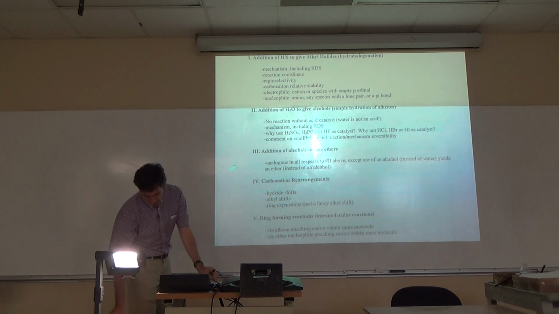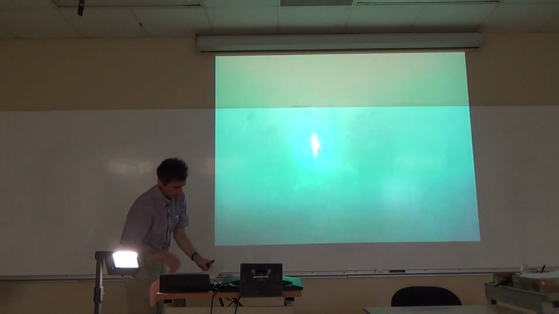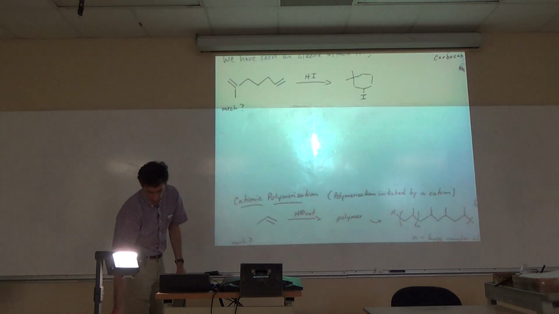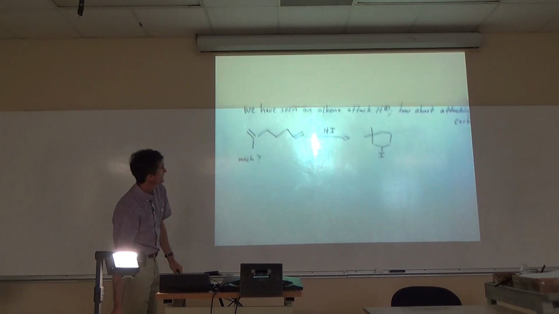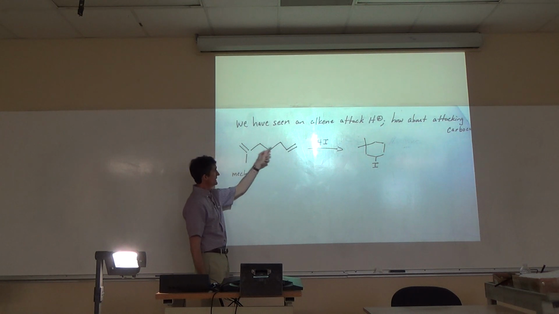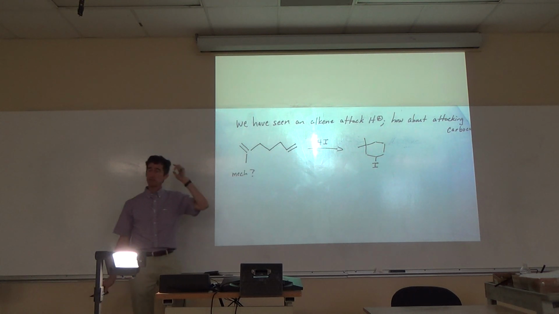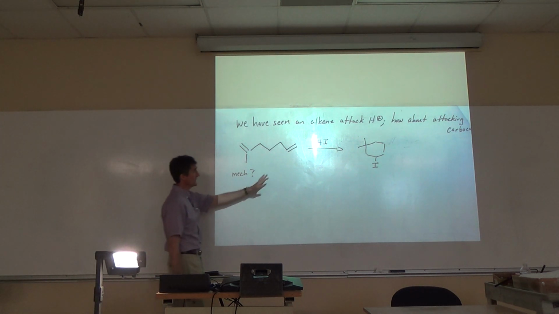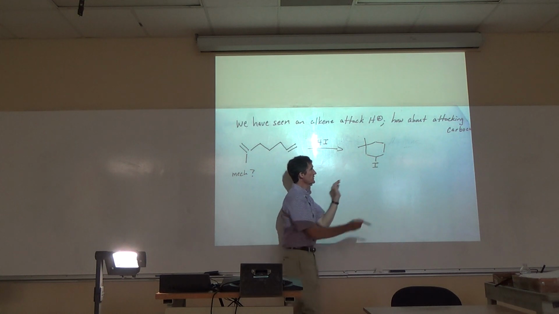Roman numeral 5, ring-forming reactions. Look at this reaction here. If you take this, it's got two alkenes. We call it a diene. Take this diene reacted with HI, you can get the 6-membered ring over here.